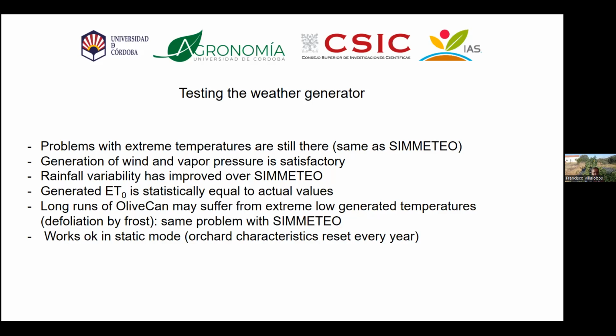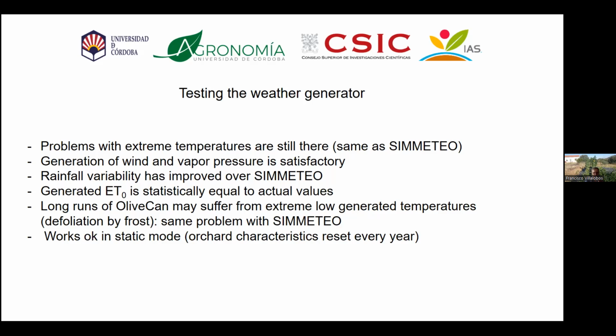We have had problems with long runs with olive that may suffer from extreme low generated temperatures. In the case of olive, when we have a very low temperature, we can have defoliation by frost. And when we are doing a very long run of many, many years, then a given frost problem will take several years to be corrected by the simulation.